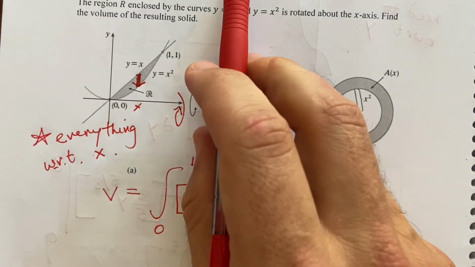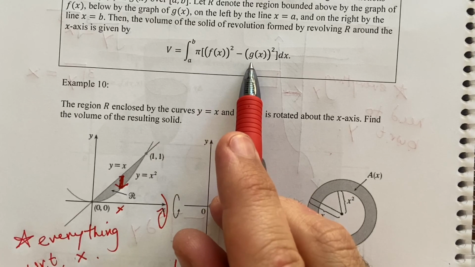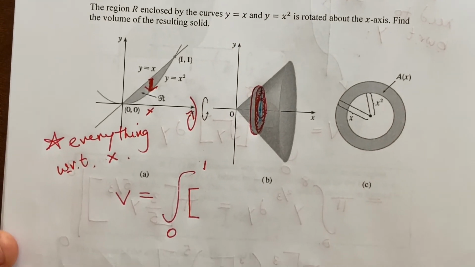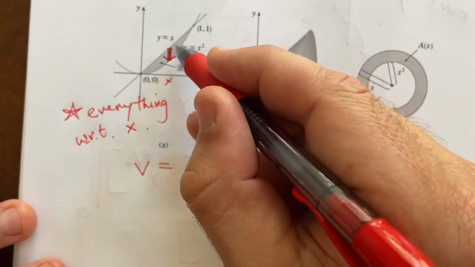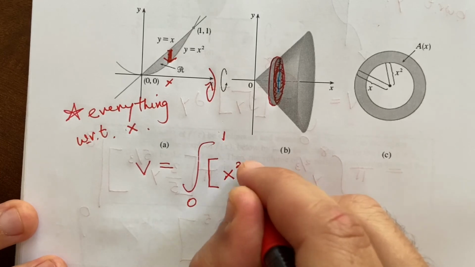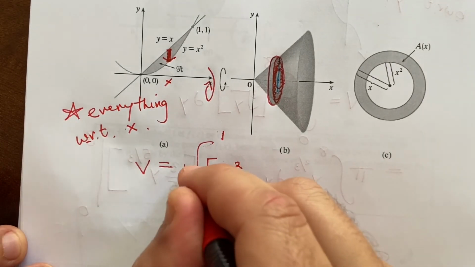So it's the upper, the larger one, minus the lower one, right? The larger one squared, really, minus the lower one squared. So in this interval, the upper one is this x. So I'll have x squared, right? I guess I lost my pi. Let me write that out front.